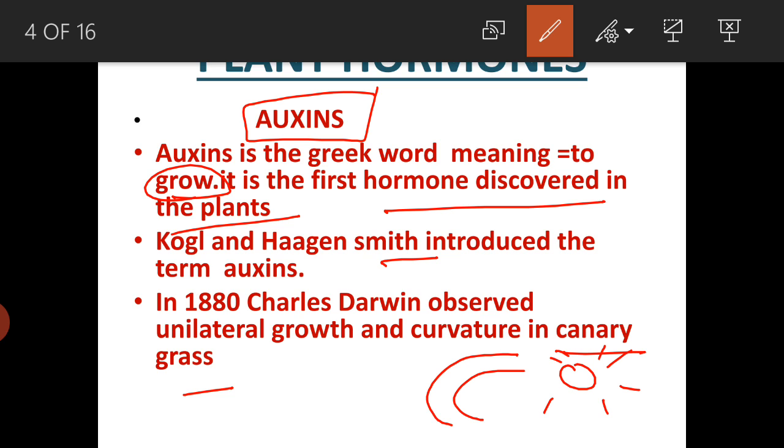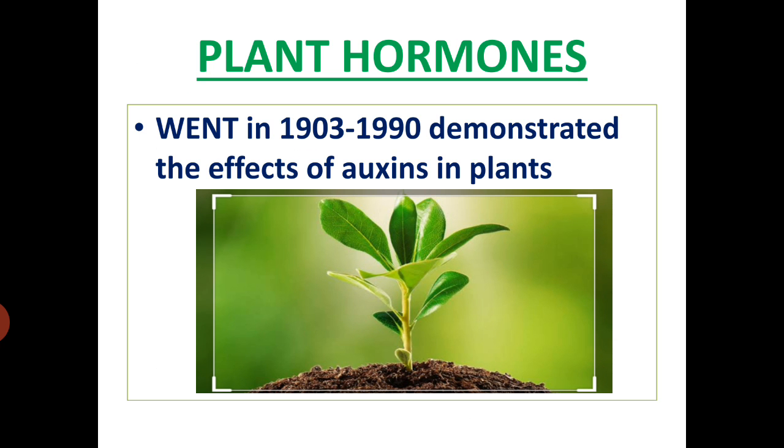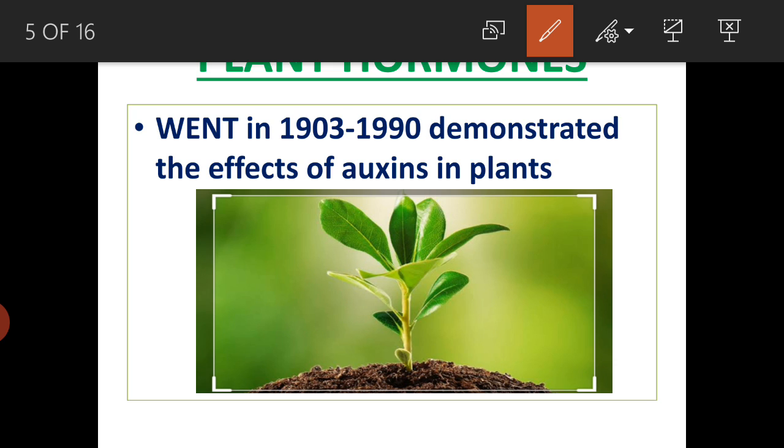This effect is called phototropism, but at that time he was unaware of the hormone auxin. Later, in 1903 to 1990, the effect of auxin in plants was demonstrated.